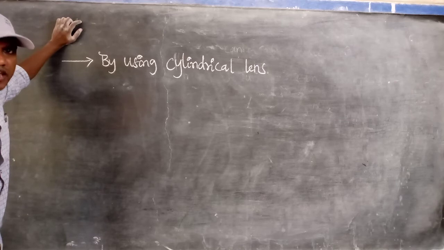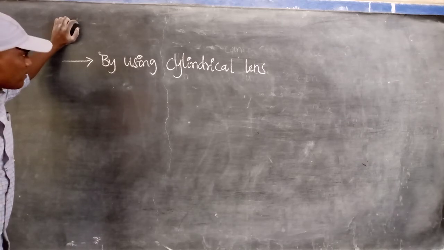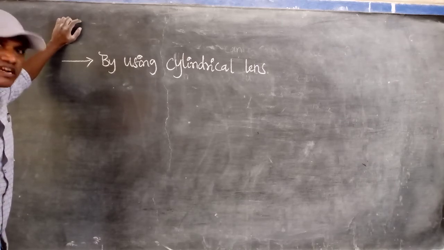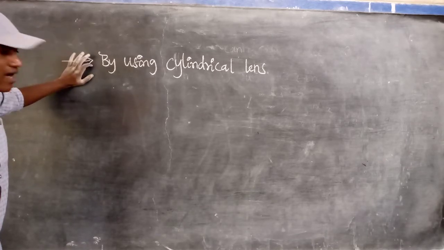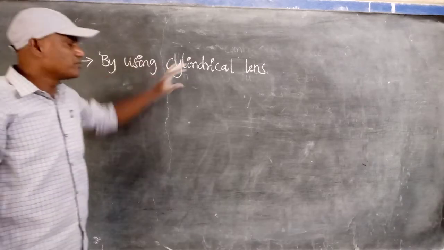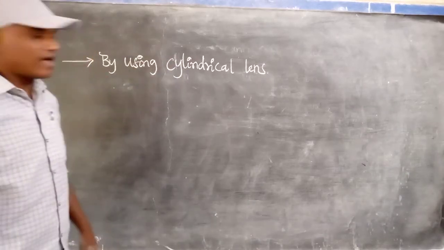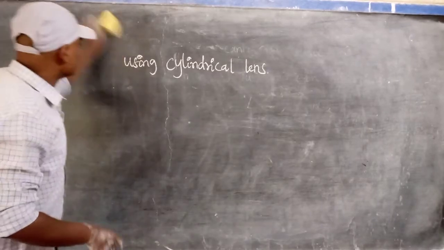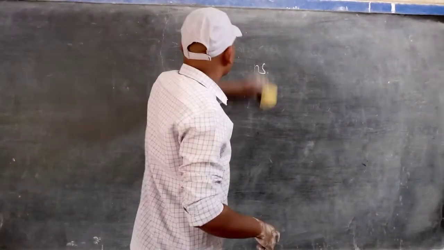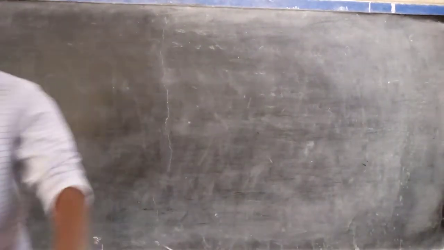Myopia is corrected by a concave lens. Hypermetropia is corrected by a convex lens. Presbyopia is corrected by both concave and convex lenses. But astigmatism is corrected by using a suitable cross section of the cylindrical lens. This is a brief idea about defects in vision.